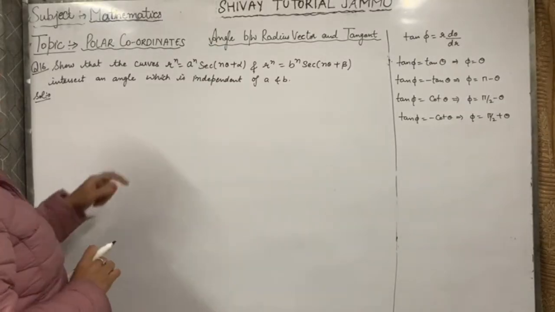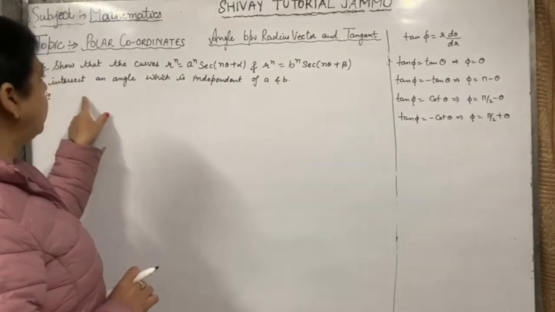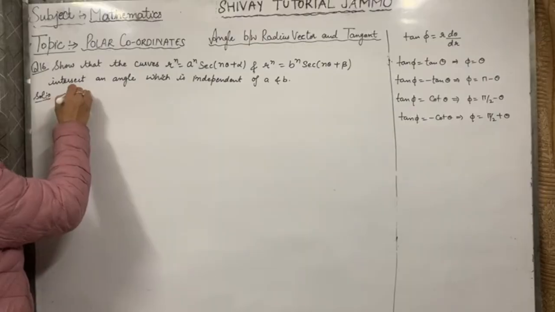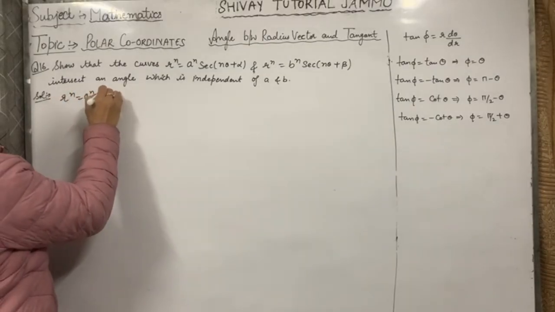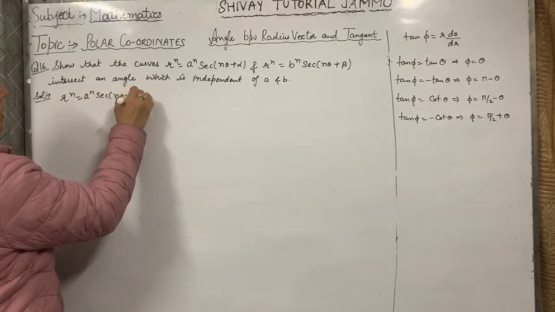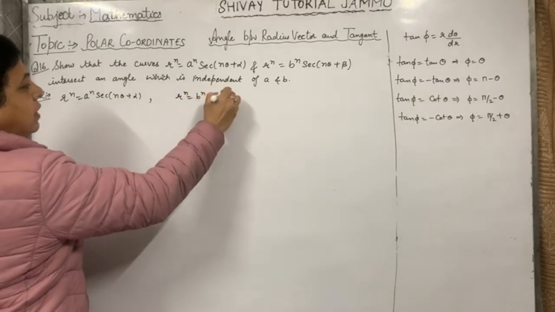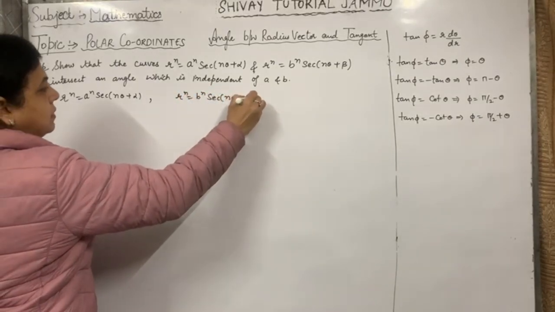Next we have to prove that these two curves have an angle of intersection which is independent of a and b. First curve is r raised to power n equals a raised to power n sec n theta plus alpha, and second curve is r raised to power n equals b raised to power n sec n theta plus beta.